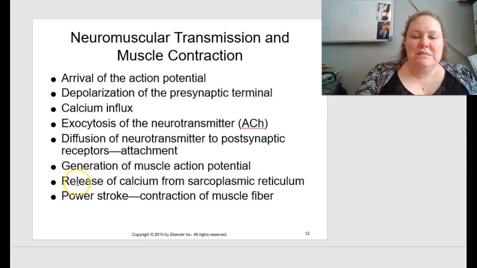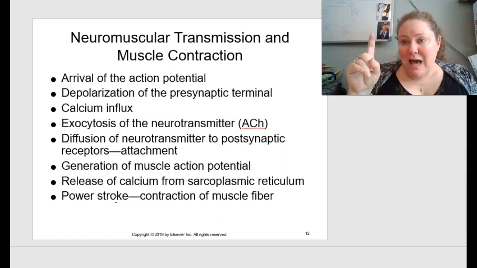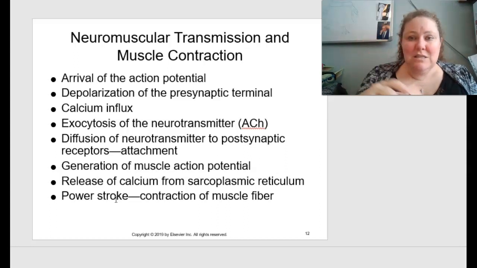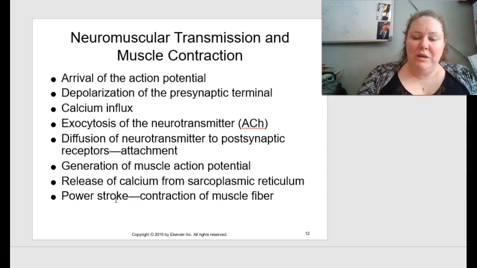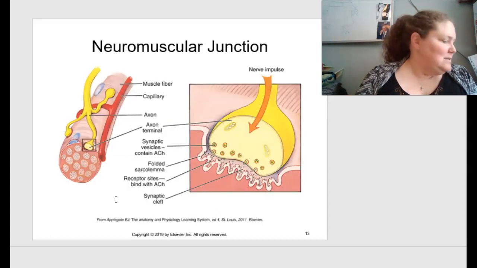During the action potential, we're going to release calcium from the sarcoplasmic reticulum where it's stored. And then this is going to cause a power stroke, and that would be the contraction of the muscle fiber. So think of how fast all of this happens. I'm going like this, and that's a gazillion different neuromuscular junctions and neurotransmitters that are going off. These are all happening in microseconds, and that's why your body is so absolutely amazing.